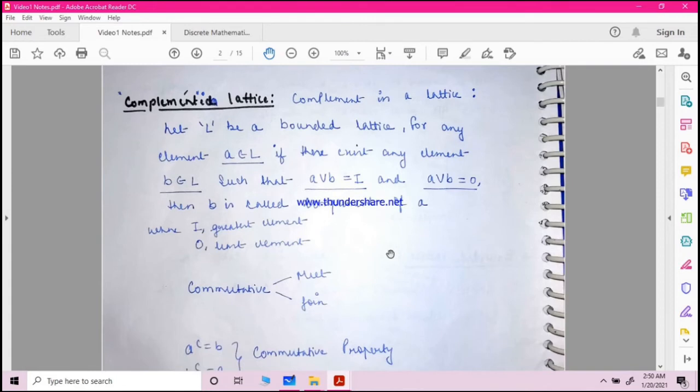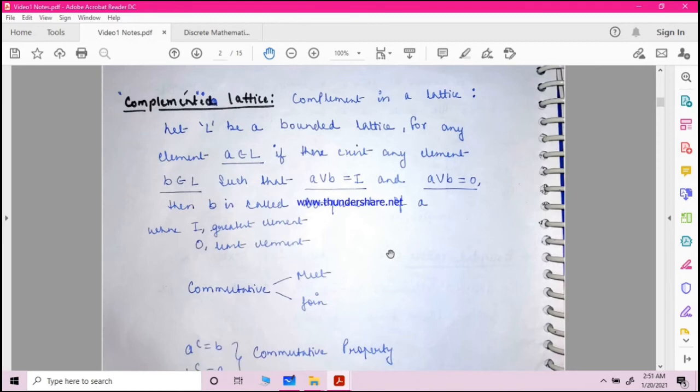For any element A belonging to L, if there exists an element B belonging to L such that A join B gives us the highest element and A meet B is equal to 0, the lowest element, then B is called the complement of A.